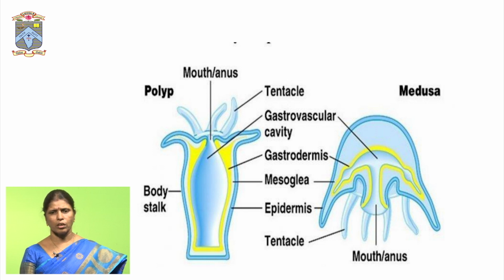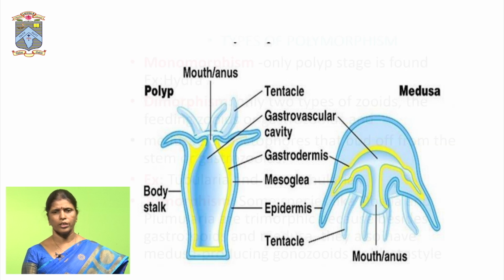And observe the medusa structure. It looks like an inverted umbrella. The convex surface and concave side are present. It has a centrally located mouth and tentacles arranged along the edge of the umbrella.